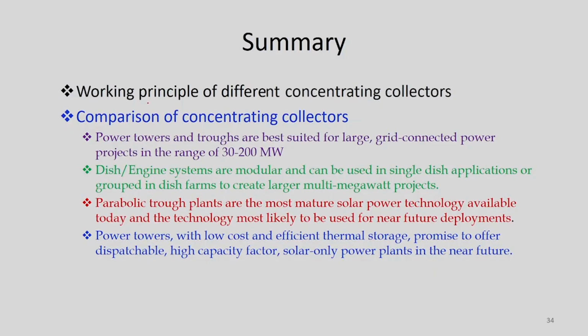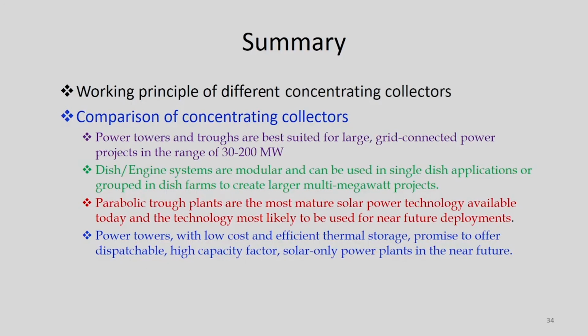We can summarize what we have discussed today about concentrated solar power technologies, their working principle, and those technologies which are applied for generation of higher temperature. We have primarily discussed the principles of different concentrating collectors and compared the technologies.